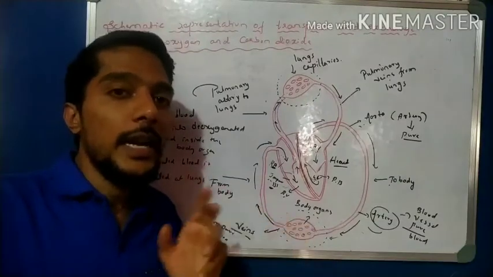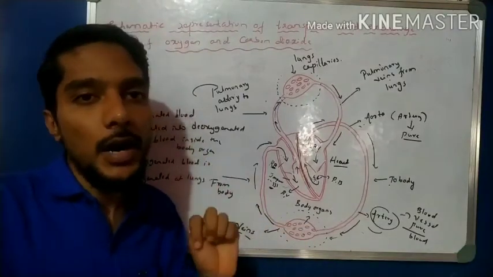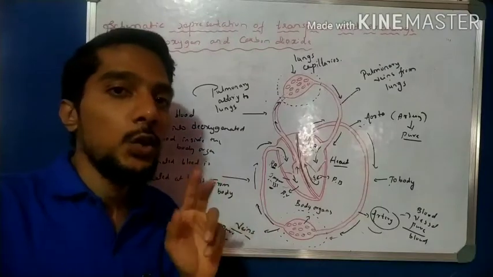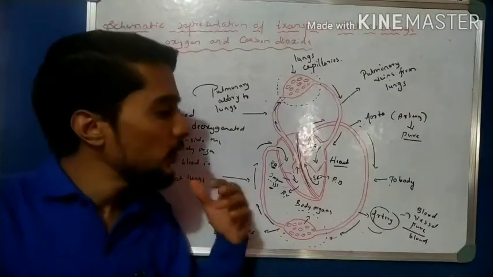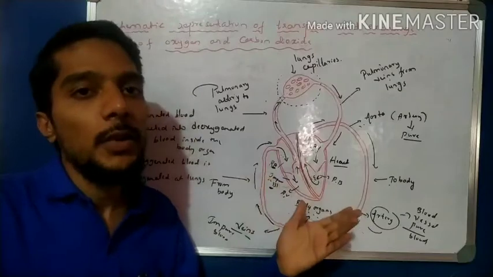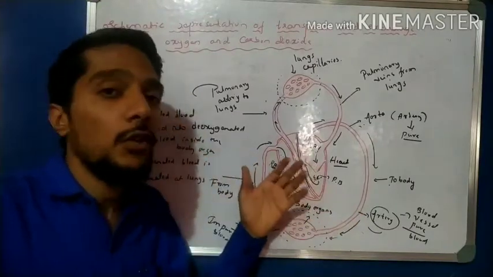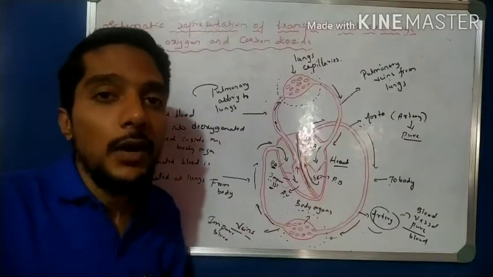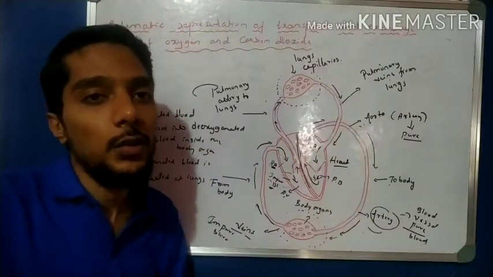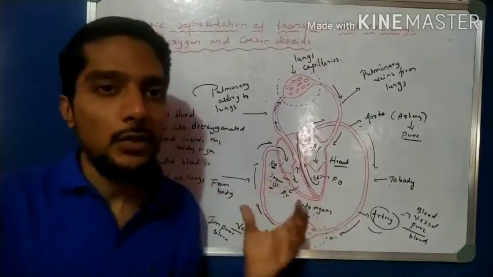But in reptiles and amphibians we observe a 3 chamber heart, and in fishes we observe a 2 chamber heart. So why is the 4 chamber heart useful, or the 3 chamber, or the 2 chamber? We will discuss that point also in this video.